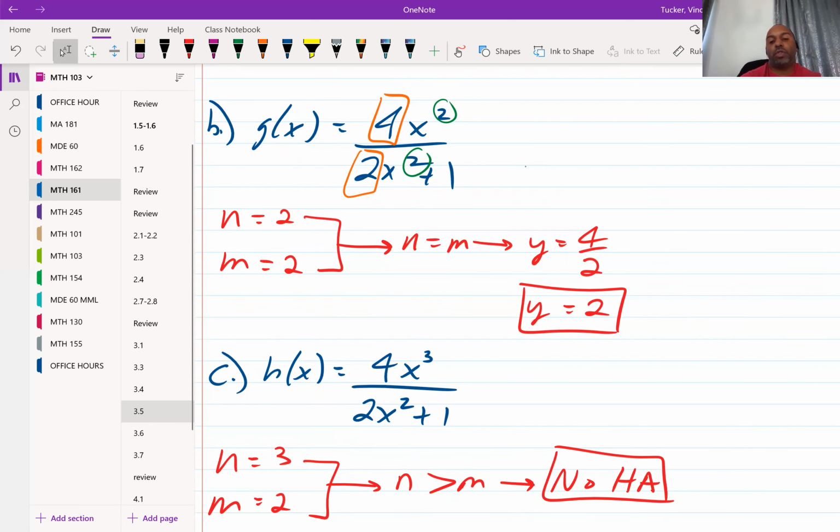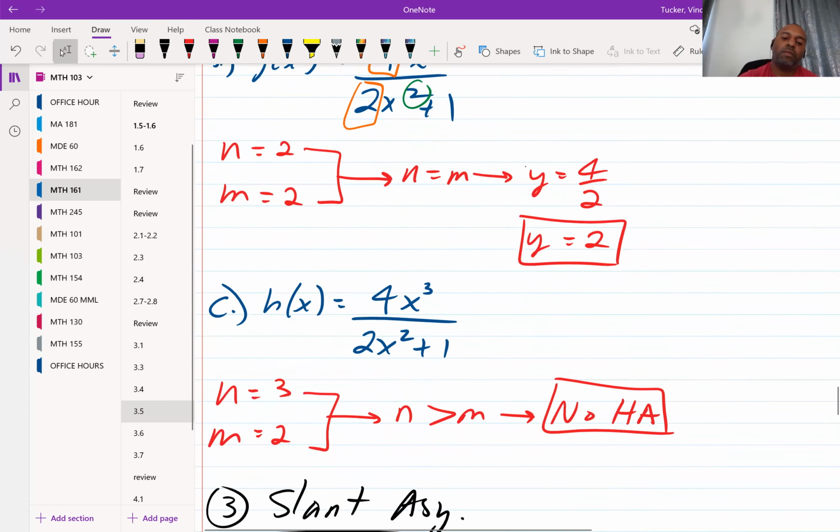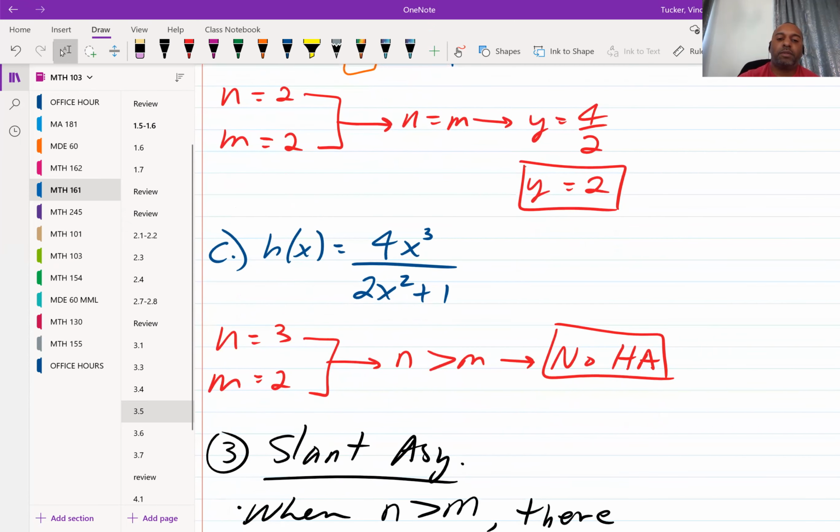So since that's the case, there's no horizontal asymptote. Any questions? All right, last one.